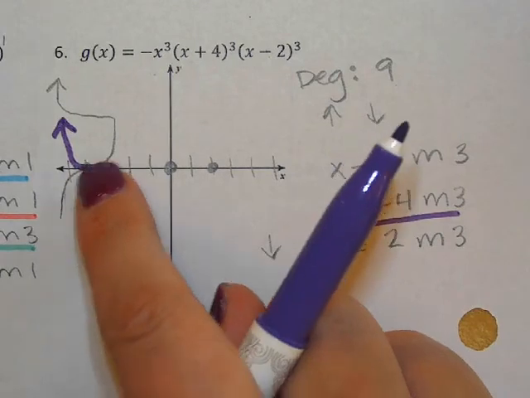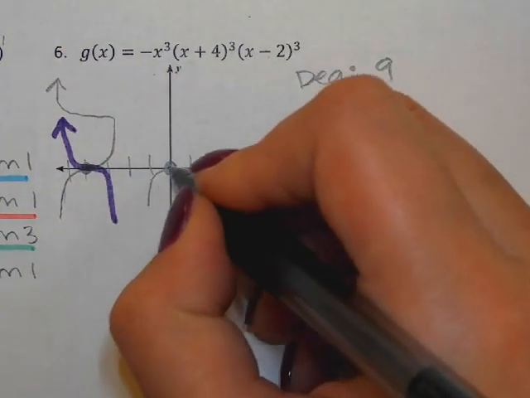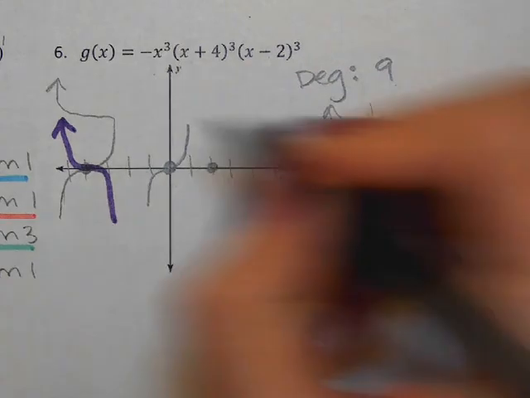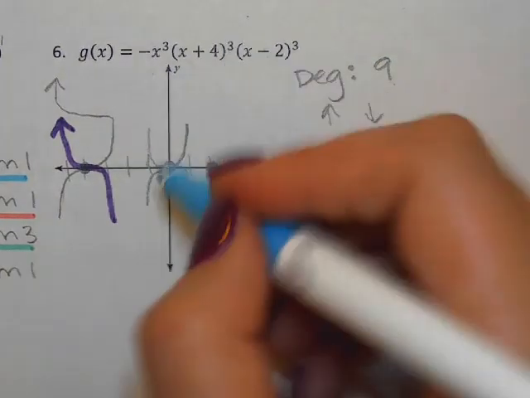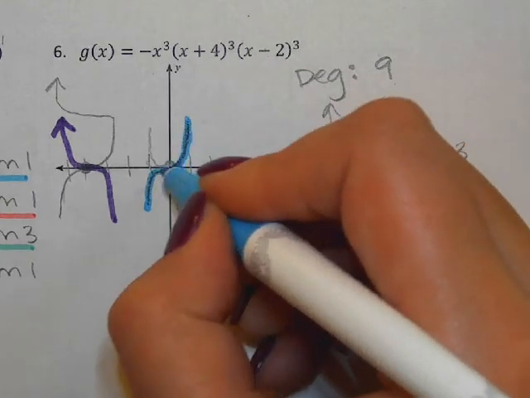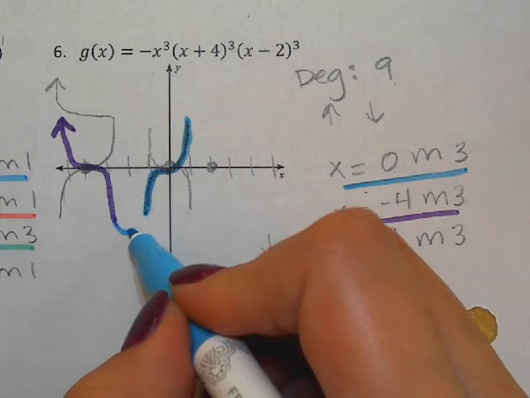Because we already see that if we did the other version, it would look weird. All right, for this one, should we do up, level off, up? Or should we do down, level off, down? Up, okay. So up, level off, up is what we should have for that one. And then we connect it with a smooth curve.